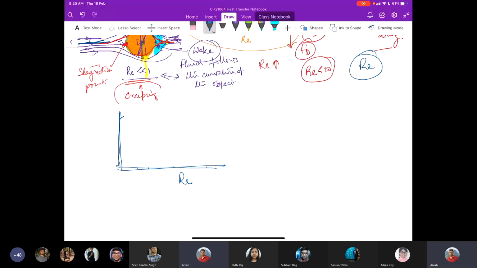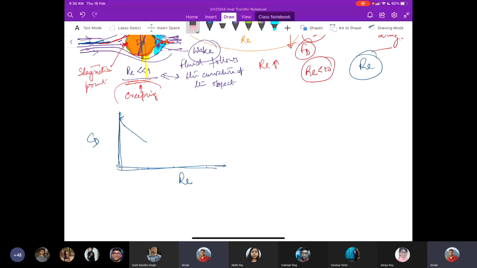So typically what happens is that for Reynolds number nearly 1 and lesser than it, or less than or equal to 1, we have a creeping flow condition, and there the CD, the drag coefficient, decreases with increasing Reynolds number. It comes like this.